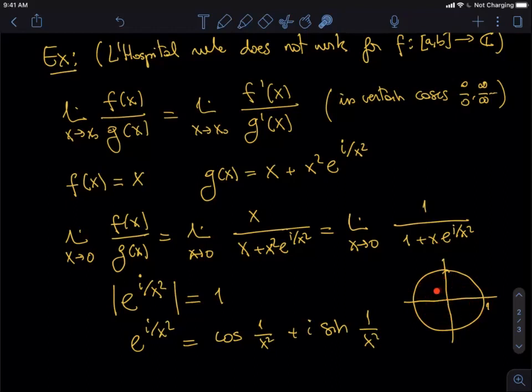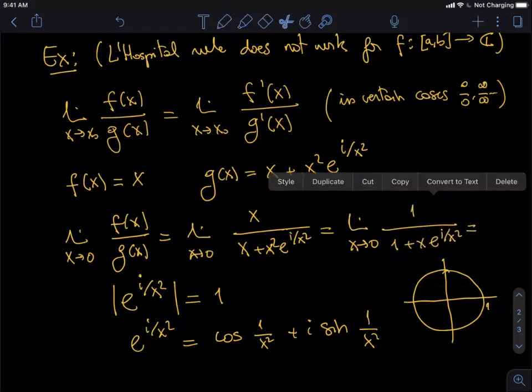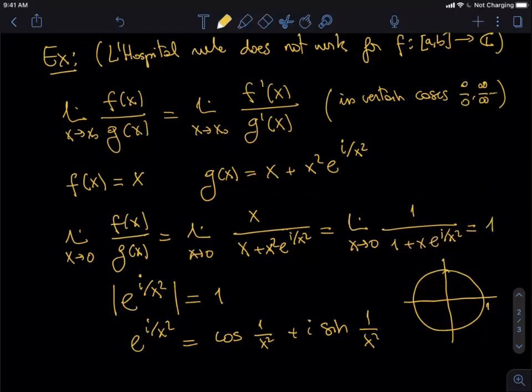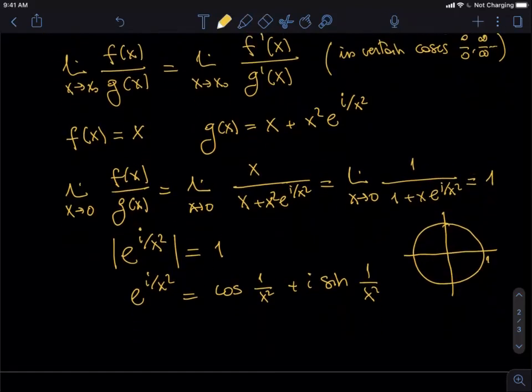So it will do a spiral and eventually go to 0. So the limit here is equal to 1, because the denominator goes to 1. So we have half of what we need.